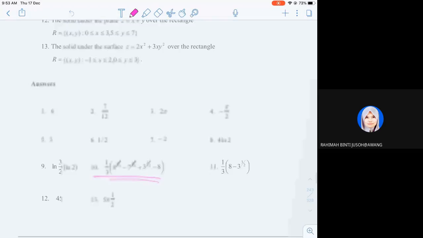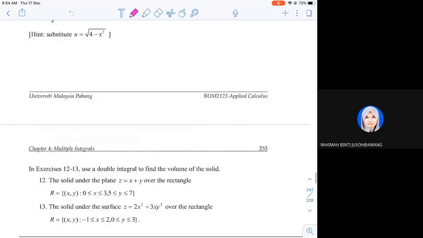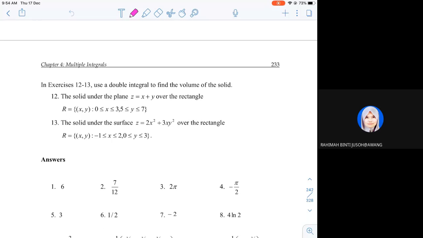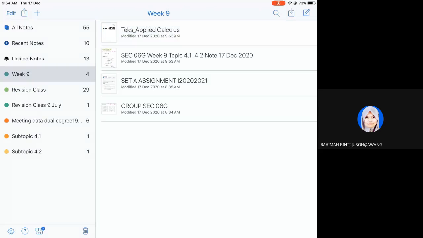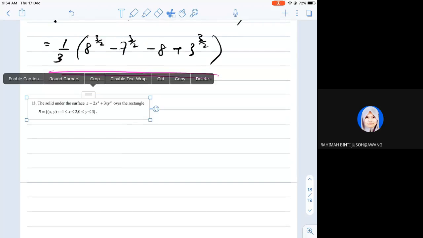Alright. Okay, last question before I finish the class. Let us do volume. We have not done volume questions yet. Okay, so volume, let us do this question, question number 13.